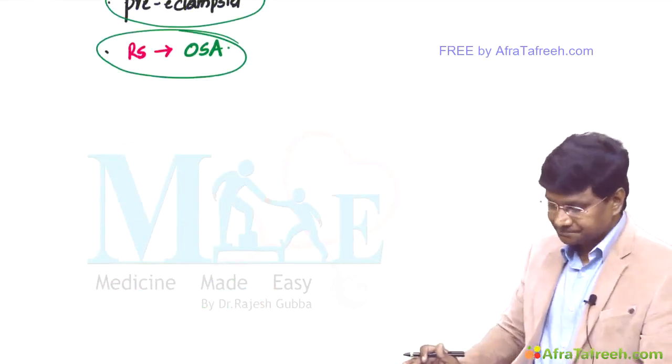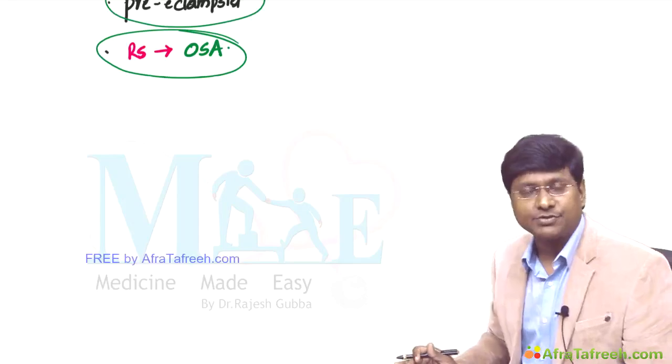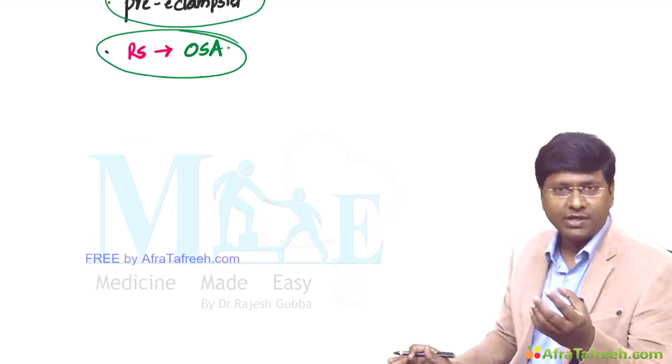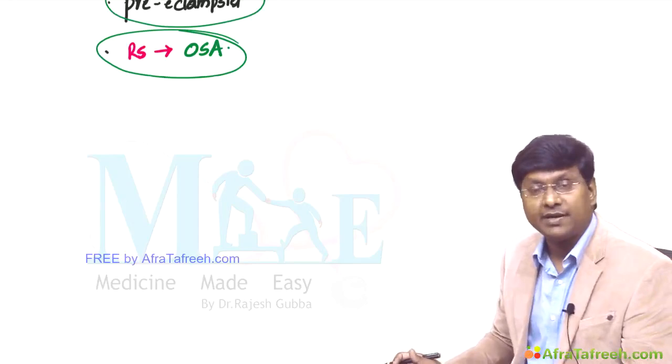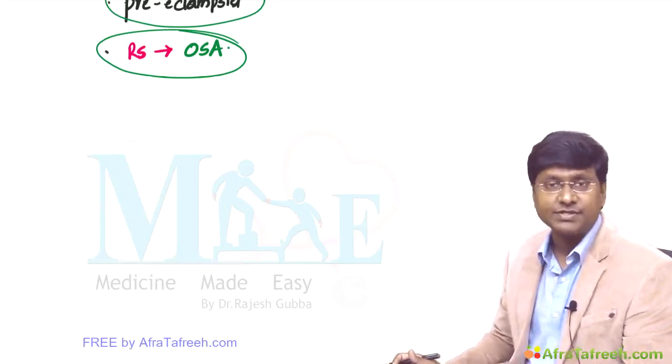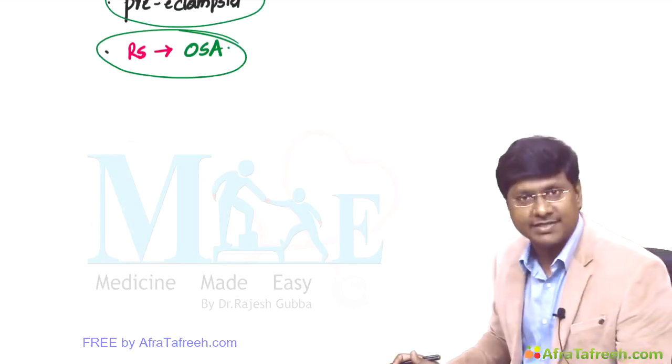Next. Now, the other multiple choice question that can be asked is, what are the clinical conditions where you have isolated systolic hypertension? That means only systolic blood pressure is grossly increased.